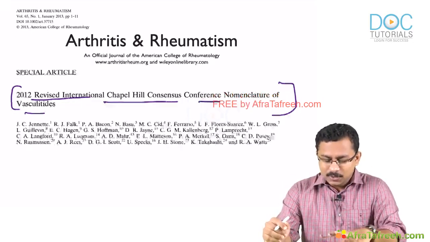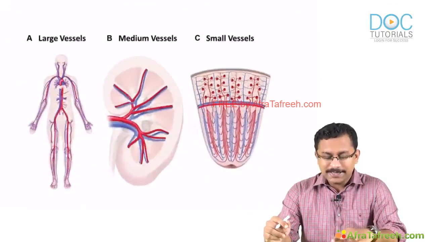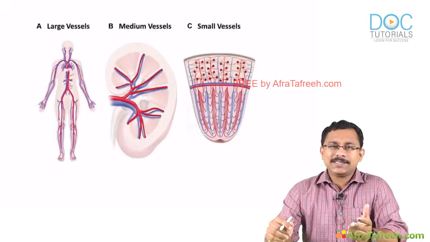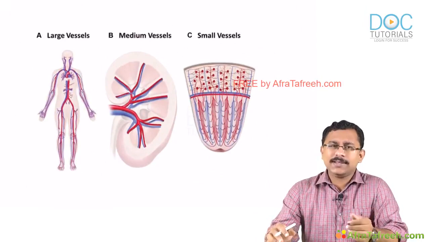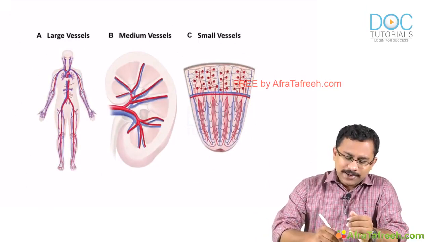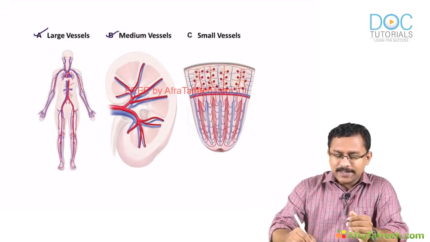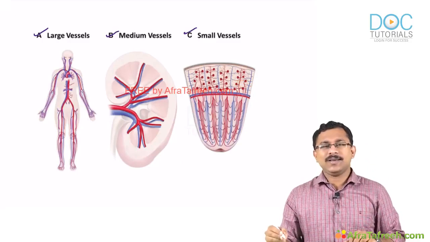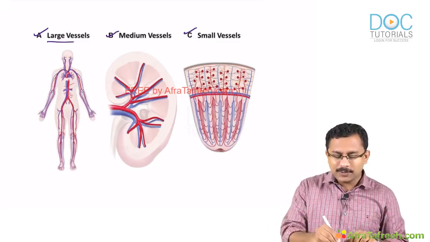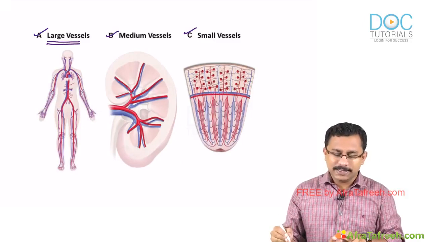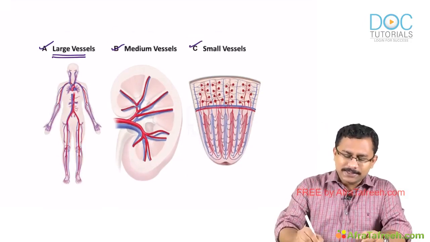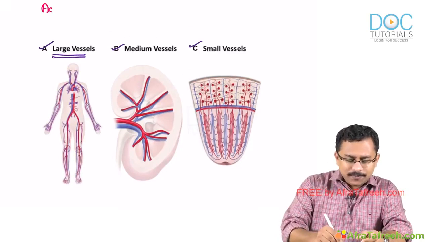Okay, I'll just show you a picture from the very same article published in 2013. See, they divided this vasculitis into large vessel vasculitis, medium vessel and small vessel vasculitis. So what were the large vessels as per the Chapel Hill Consensus Conferences? So the large vessel means it is the aorta and its branches.